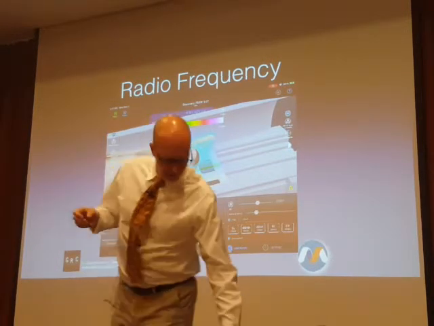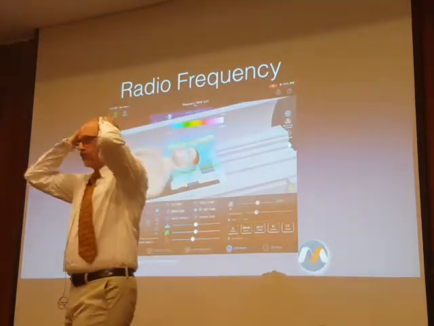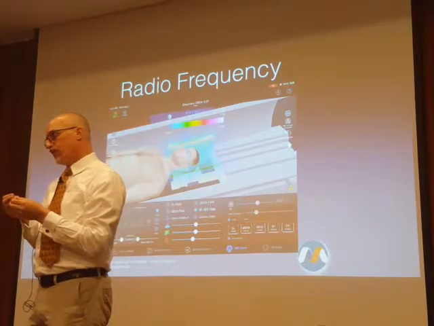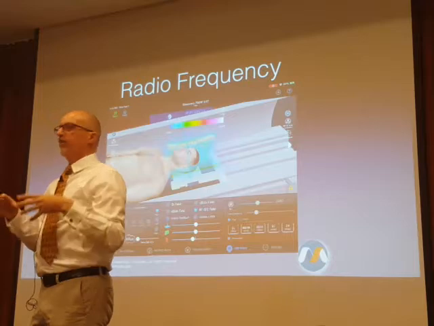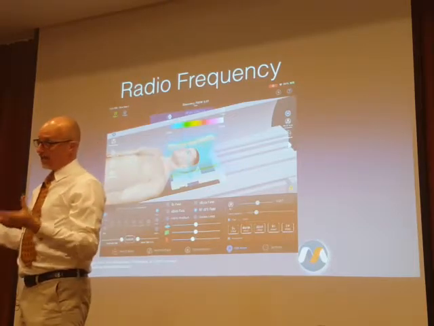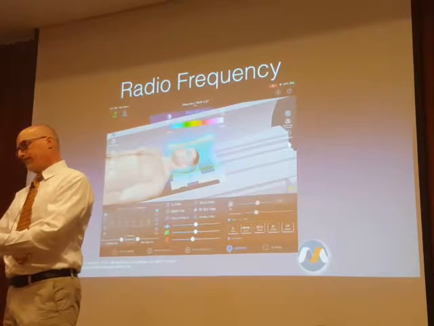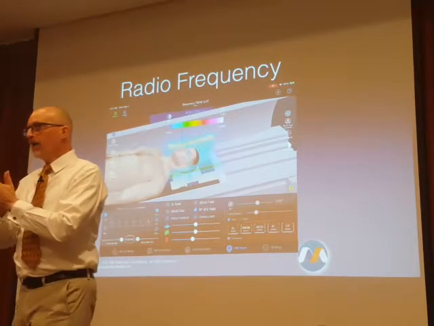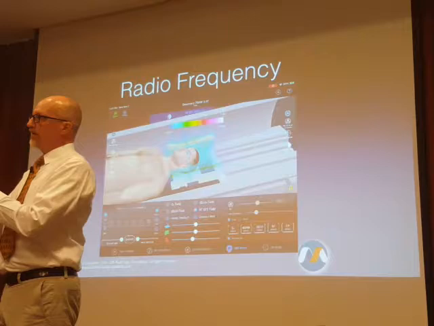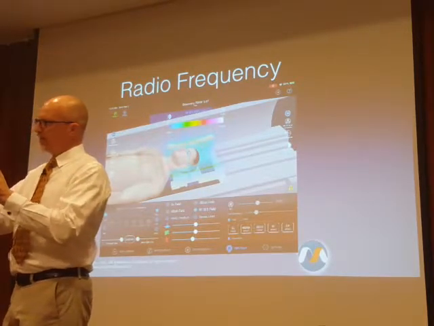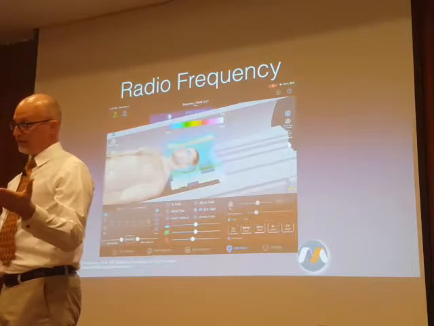One of the challenges is we tend to think of radiofrequency energy in terms of SAR, right? Body mass average rate of power deposition, 2 watts per kilogram. 2 watts per kilogram is not the same thing if the patient mass is different.